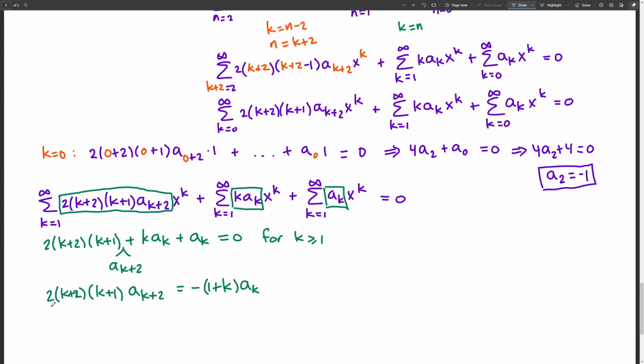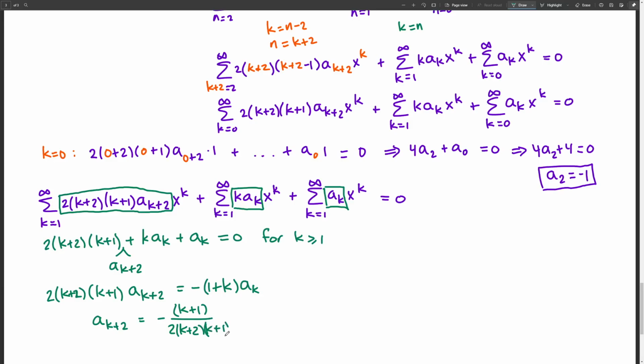And then I can divide both sides by 2 times k plus 2 times k plus 1, and I get a sub k plus 2 equals negative k plus 1 over 2 times k plus 2 times k plus 1.